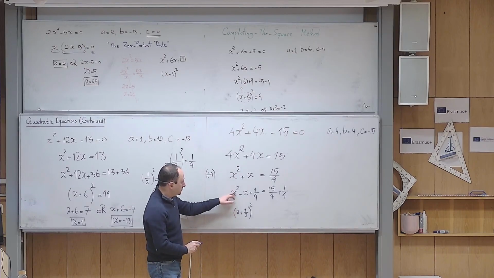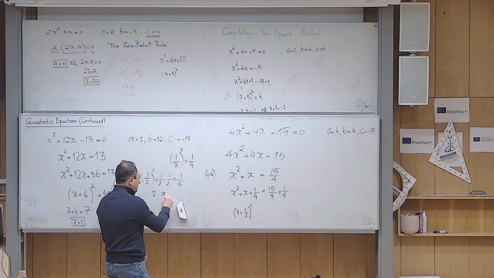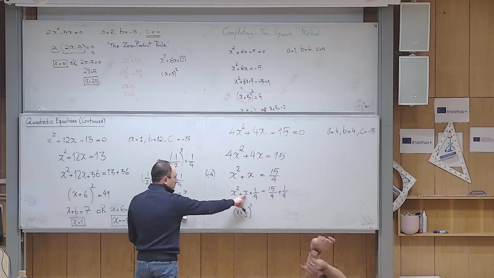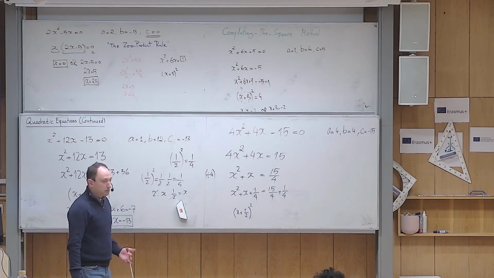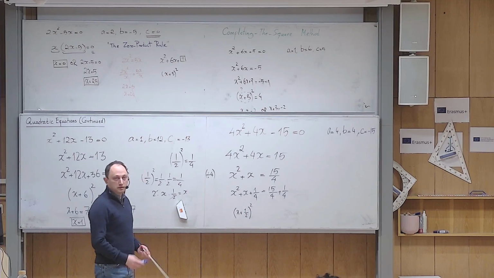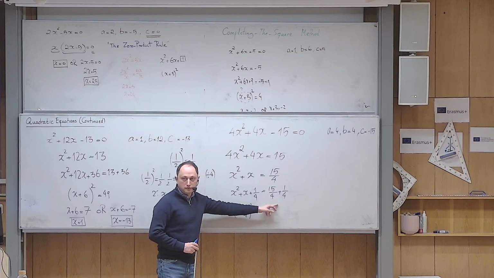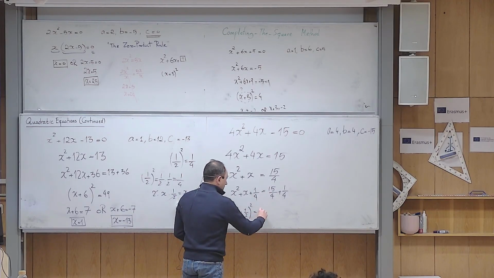Because the first one is squared, that's correct. 2 times the first one times the second one: these 2 and that 2 cancel, so it becomes x. That's also correct. The second one is squared, that's also correct. But what happens to the right-hand side? 15 plus 1 is 16 over 4, which has a very simple name. What is that? 4.